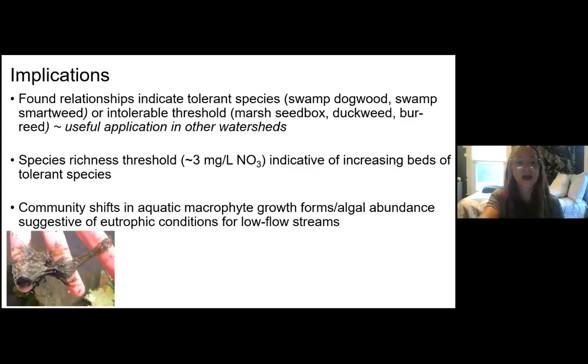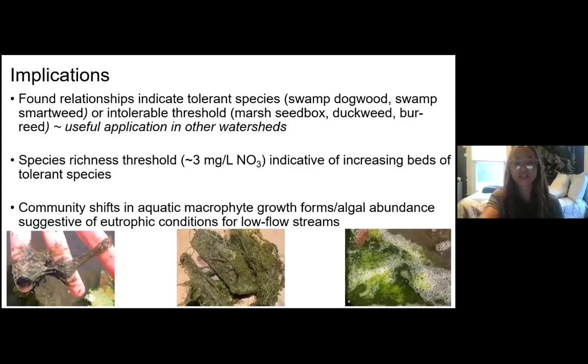And finally, this is something that I've been touching on again and again, but the community structural shifts in aquatic macrophyte growth forms and algal abundance could be suggestive of eutrophic conditions for this particular type of ecosystem. These unappealing looking photos at the bottom are some photos that I took in the field of various algal species, mostly green filamentous algae, which is rampant along the Fallkill.